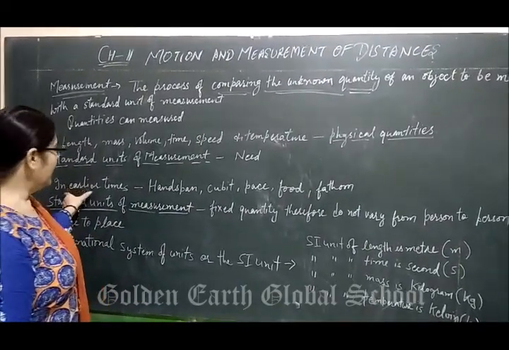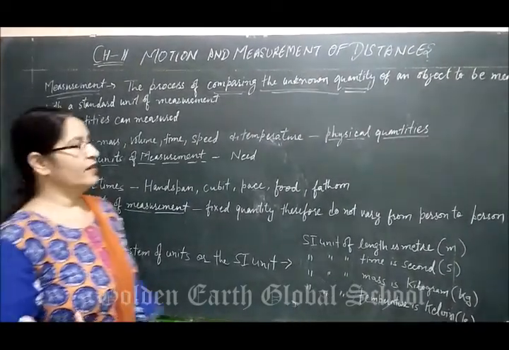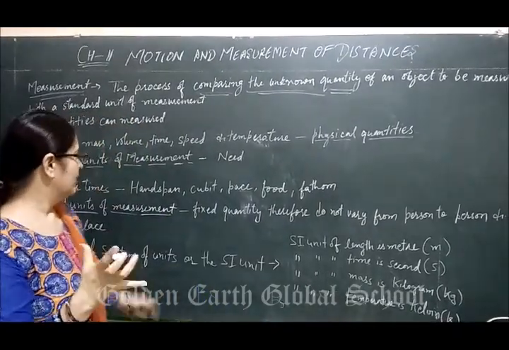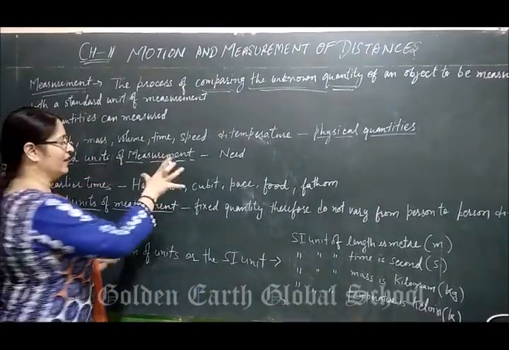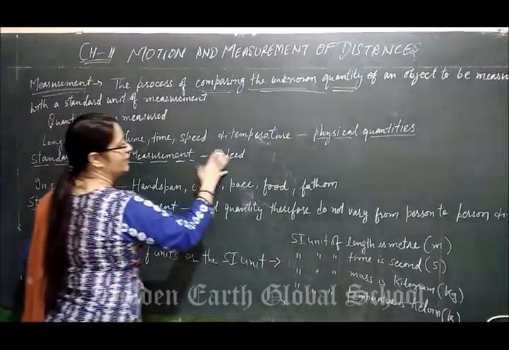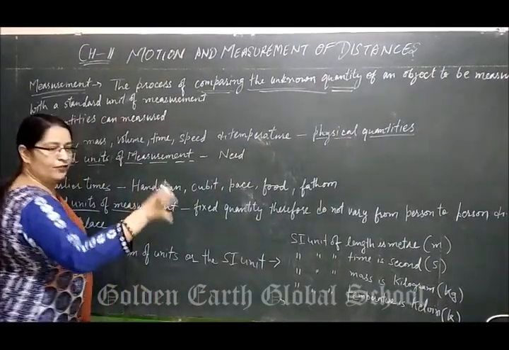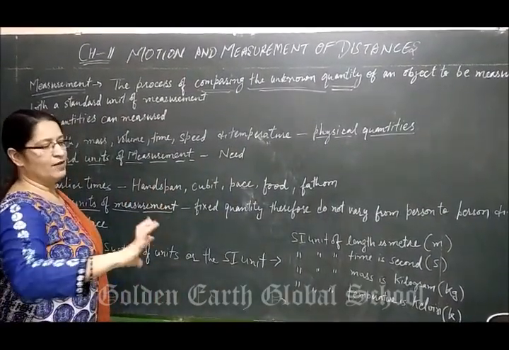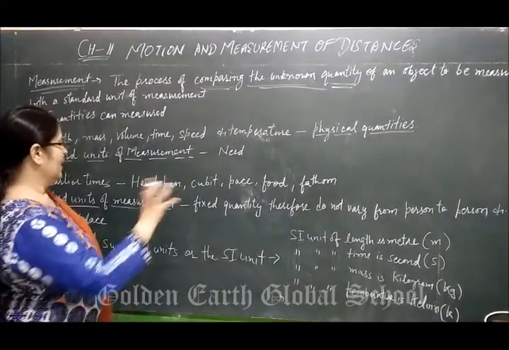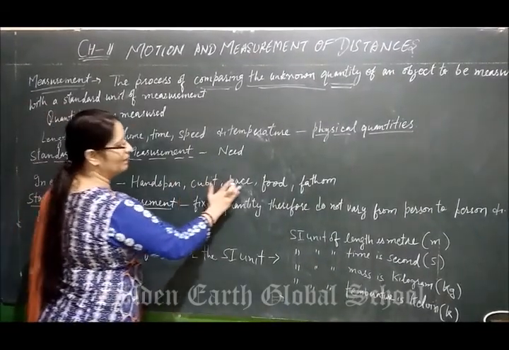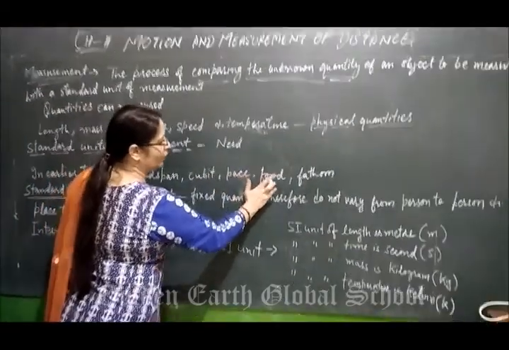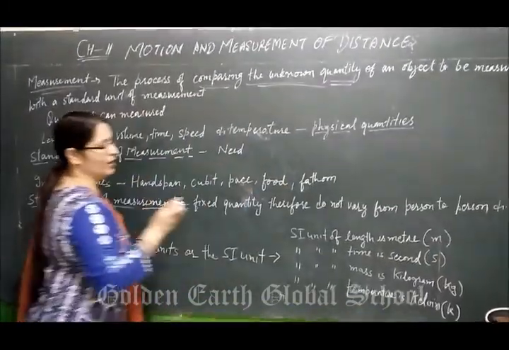Okay. So in earlier times, how could measurement be done? You know that with the hand span in the classroom you can use it like this, no? With your hand span you can measure the length of your bench, and with the cubit also, with the pace also, and the foot.